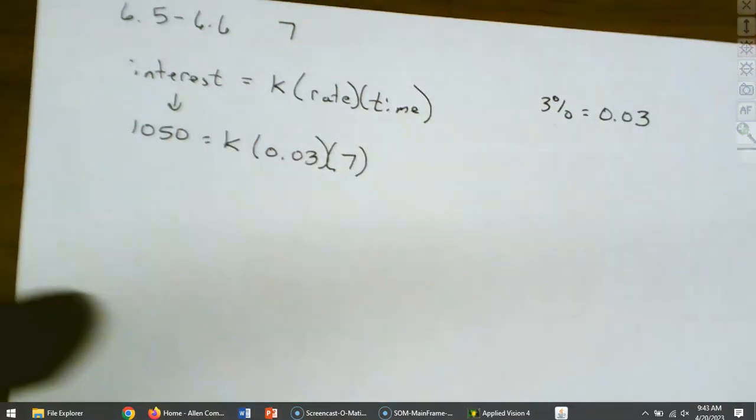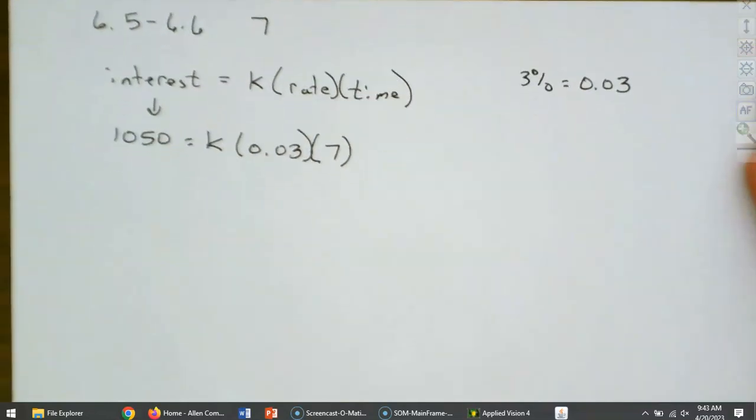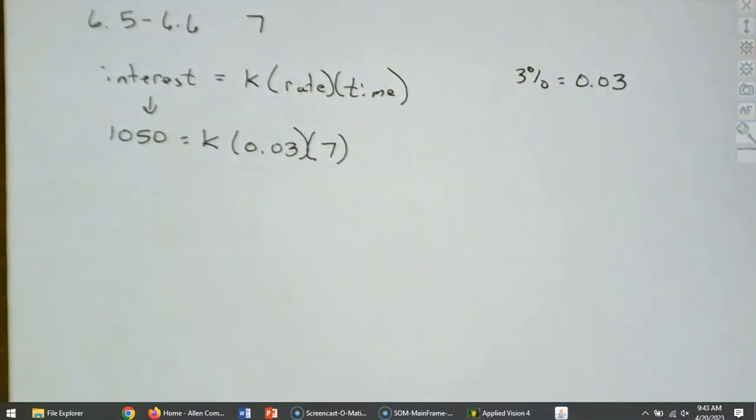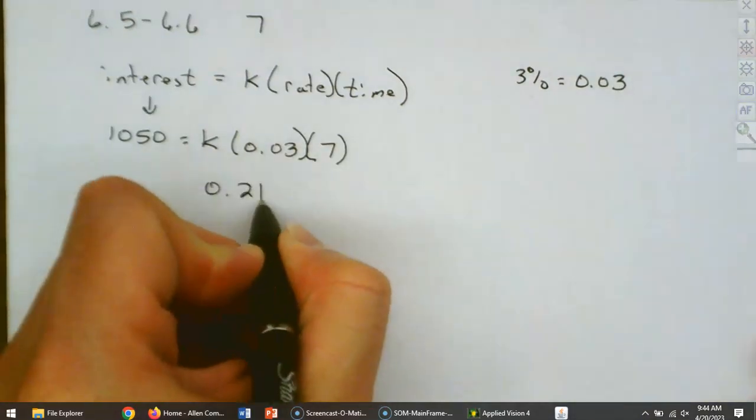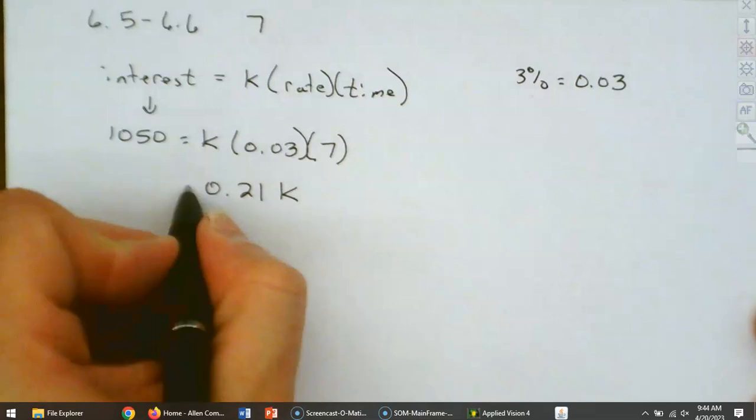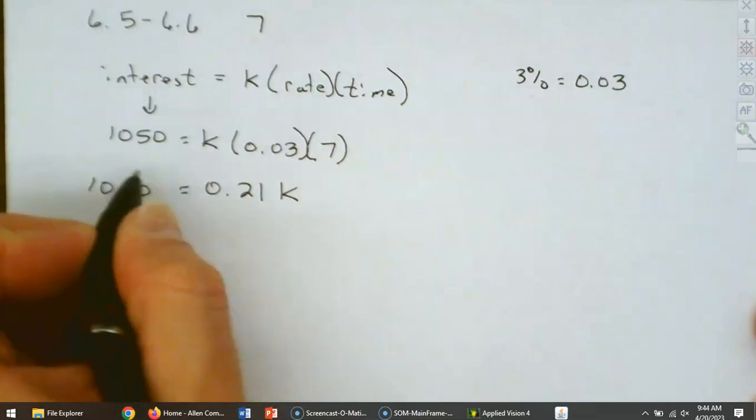So we can now calculate out our K. We always have to find K. K is the unknown. In this case, K would be the principal, the starting amount. So we'll go ahead and multiply: 7 times 0.03 comes out to be 0.21 K. And then we've got 1050 over here.